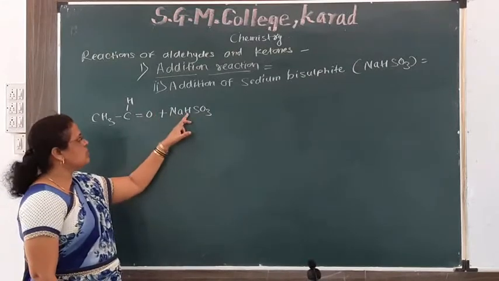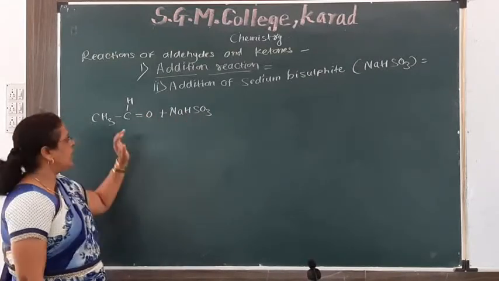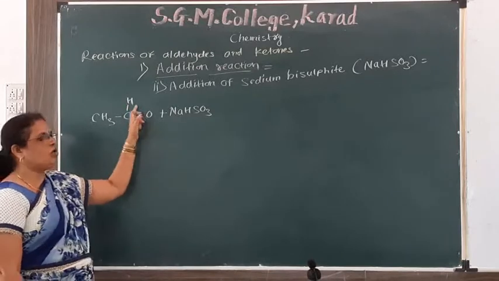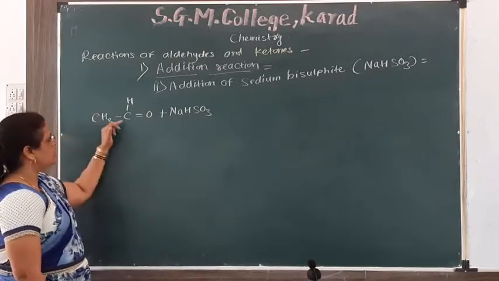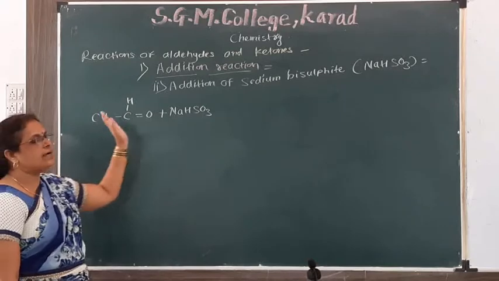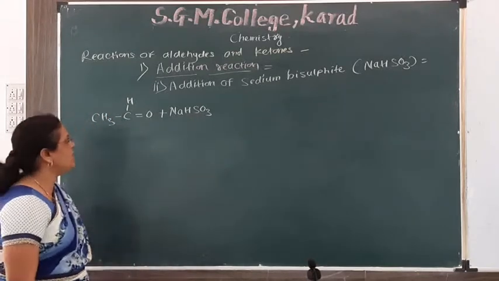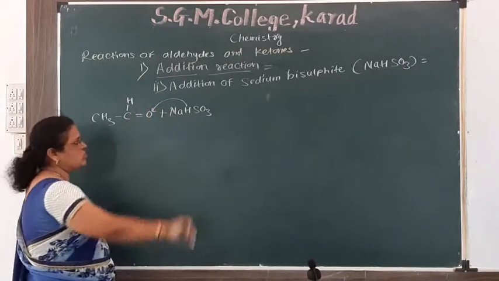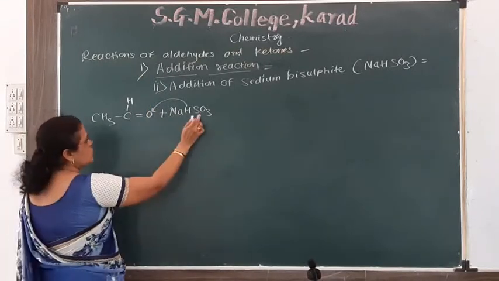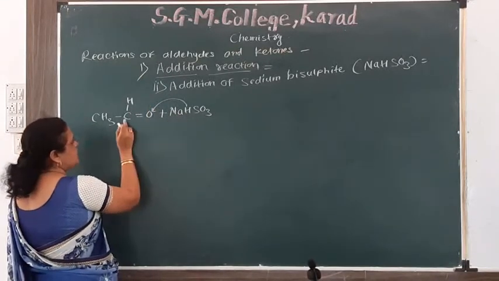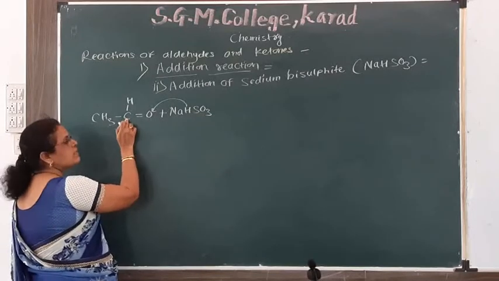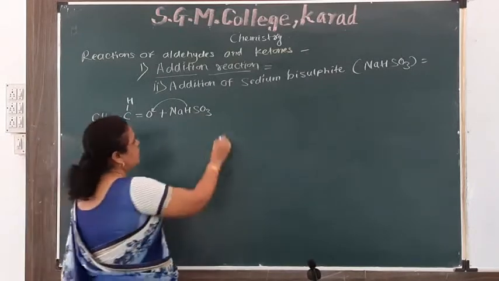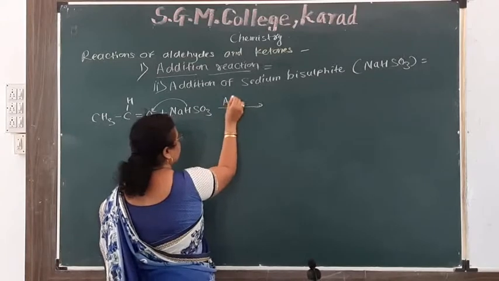Here addition takes place: the carbon-oxygen bond breaks, and the sp2 hybridized carbon atom gets converted to an sp3 hybridized carbon atom. The hydrogen atom is attached to the oxygen atom, and the SO3Na group is attached to the carbon atom. Then we get the addition product.